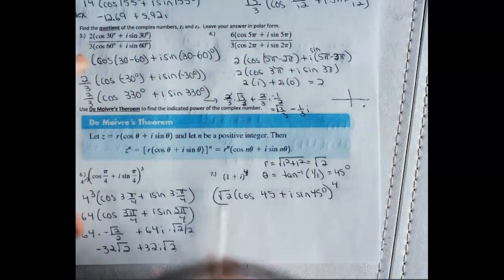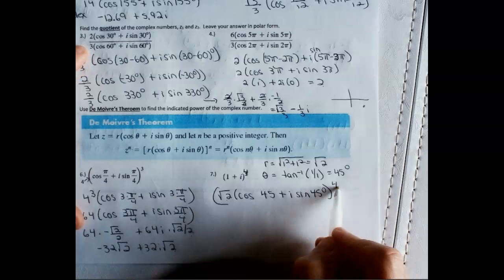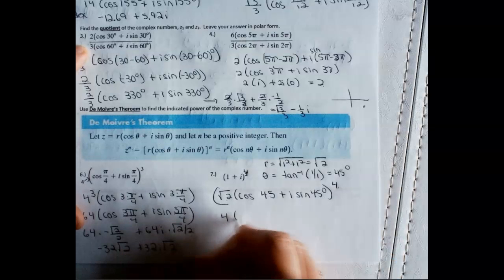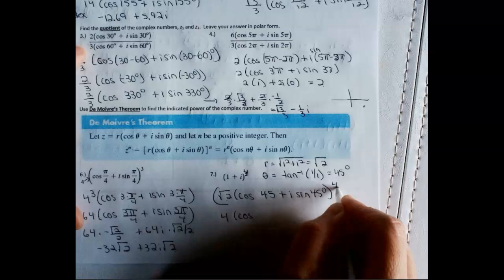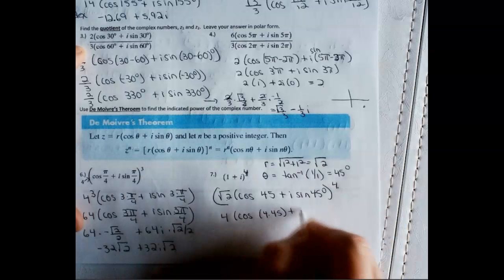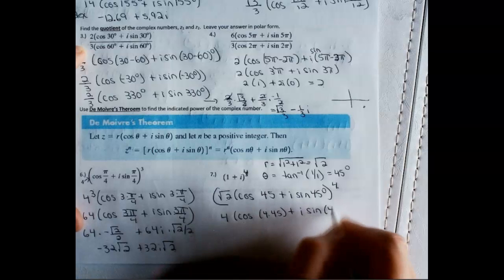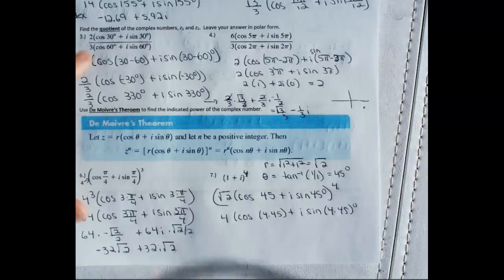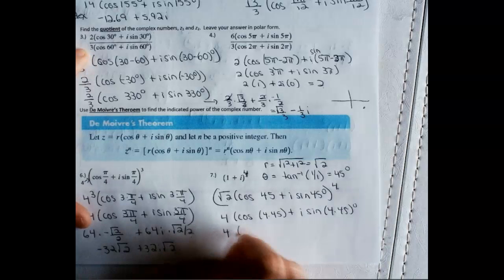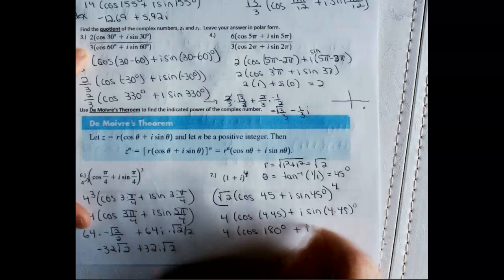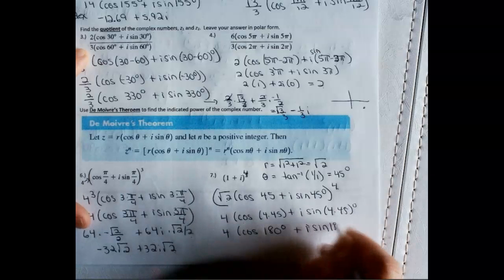So again, we're going to take our magnitude and raise it to the 4th power. That would be radical 2 to the 4th, which ends up being 4, and 45 degrees times 4 plus i sine, again, 4 times 45 degrees. I believe that ends up giving us 180. So we've got 4 cosine 180 plus i sine 180.